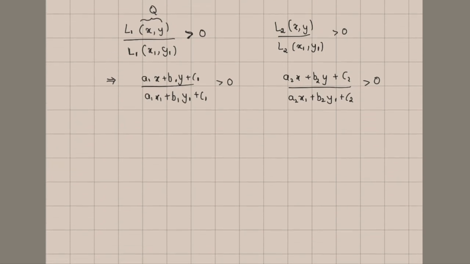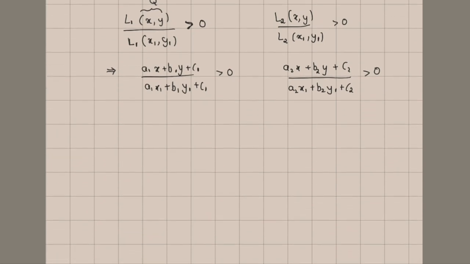So now we will have the other case. L1 of x1 comma y1 and L2 of x1 comma y1 are constants, because we know the equation of L1 and we know a point, which is x1 comma y1, so we will get these two values.